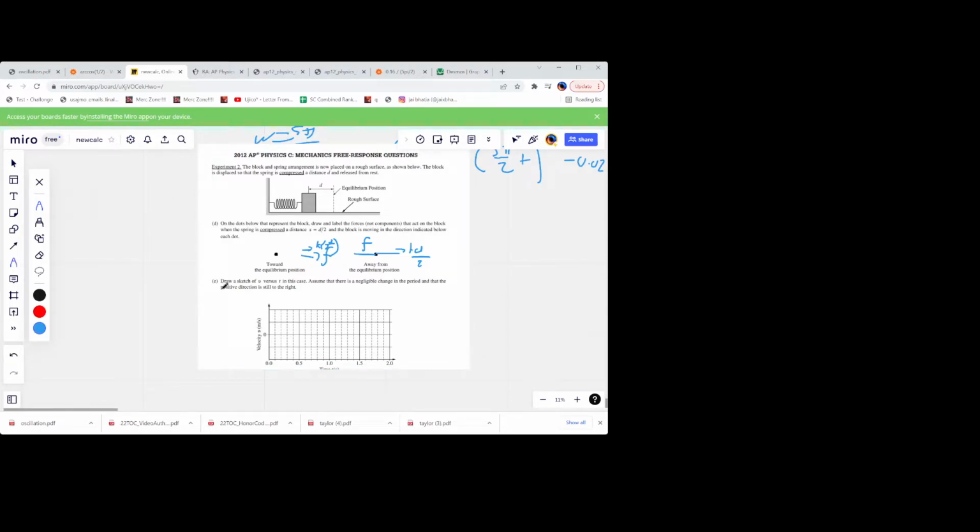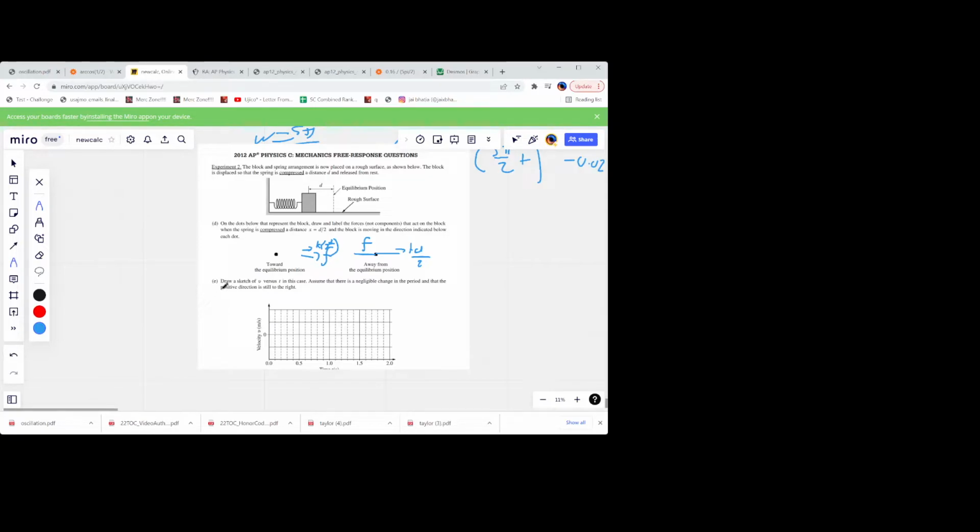Okay, so normally the velocity would be like a sine function of sorts, but this is not quite a sine function. I really don't know.